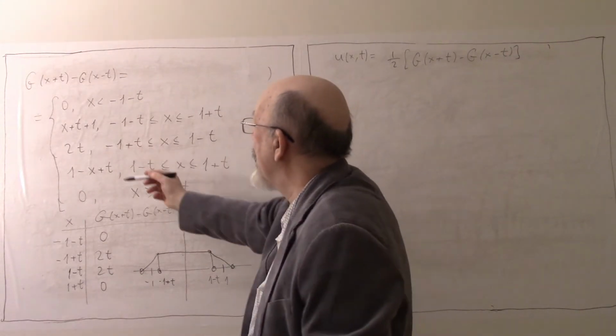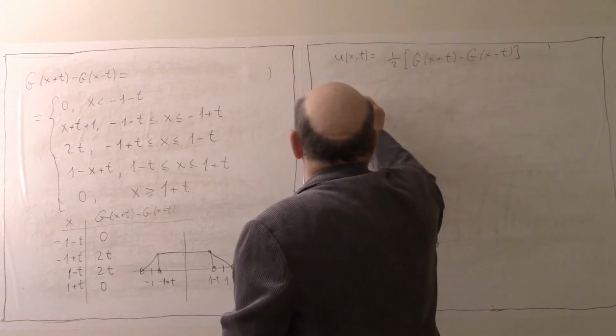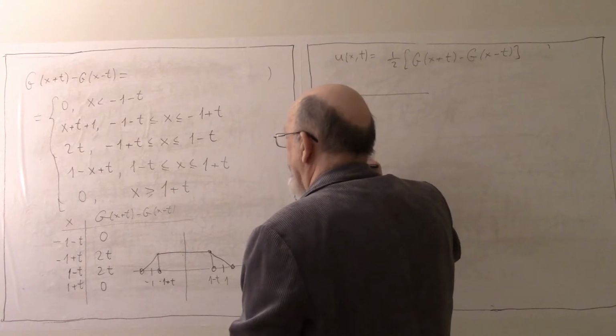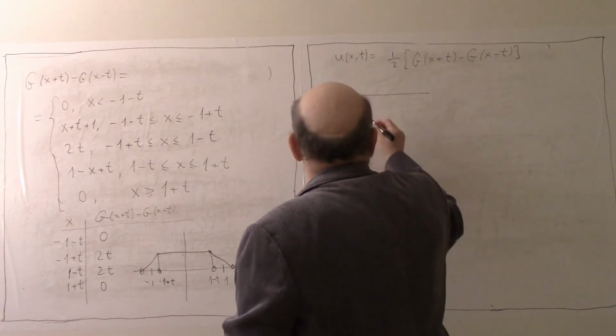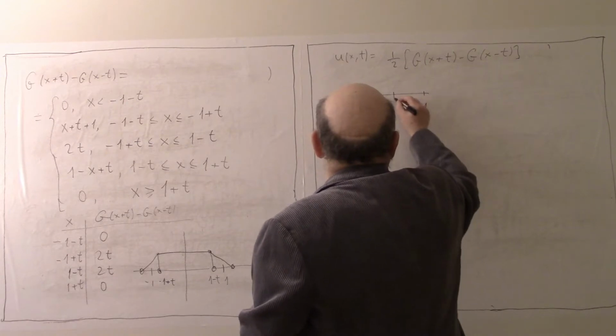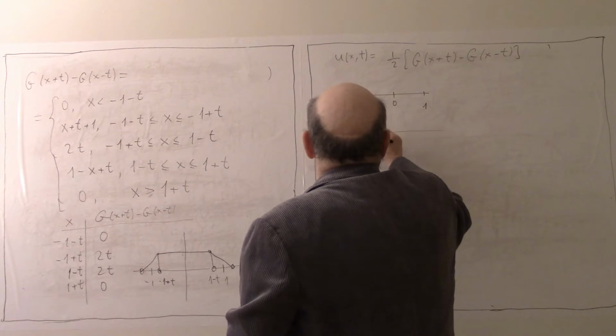Here we have to divide it by 2. So first it was 0. Then we have the following. This is point minus 1, this is point 1. This is 0.